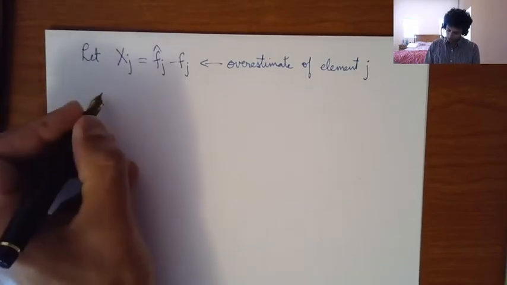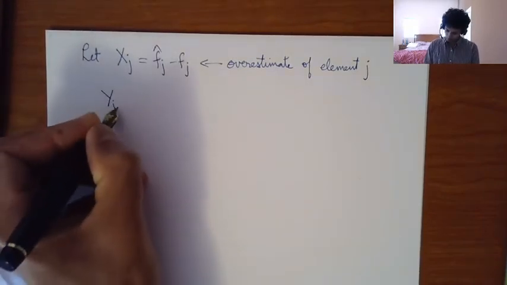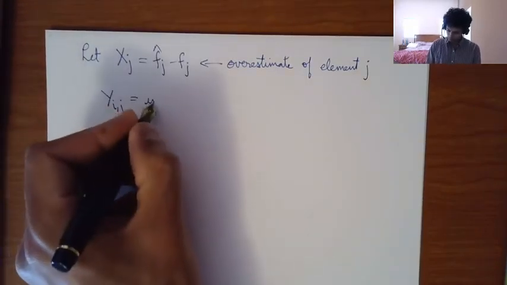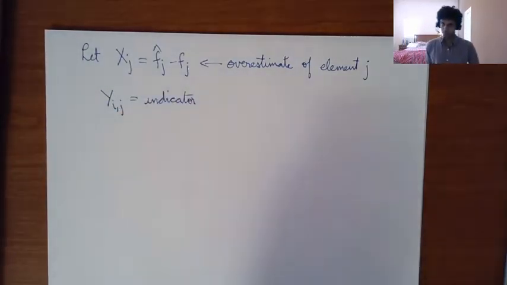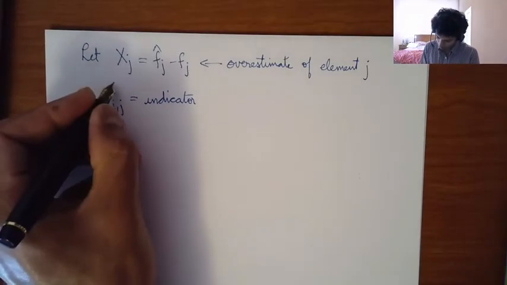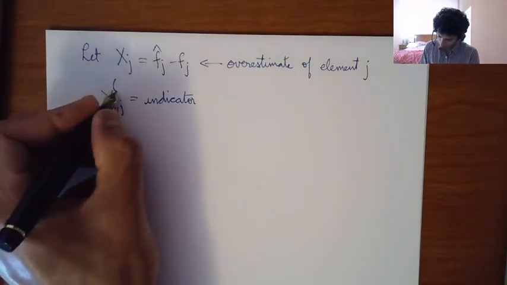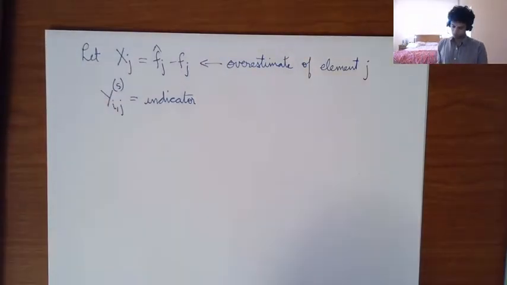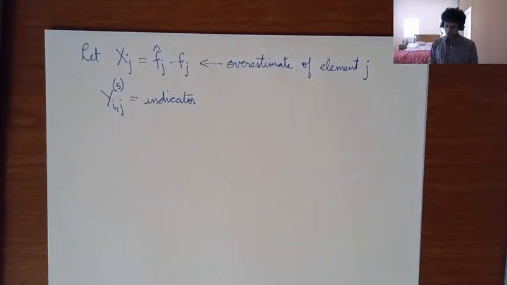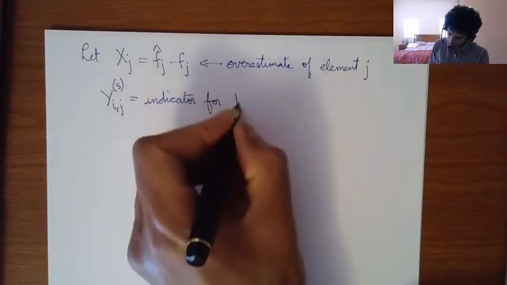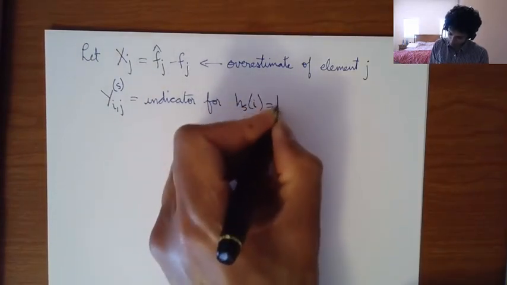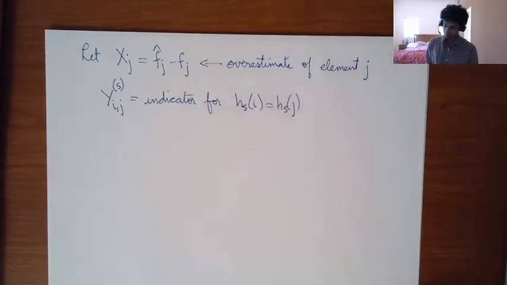Now let's write out this other random variable, the indicator for hs of i being equal to hs of j.